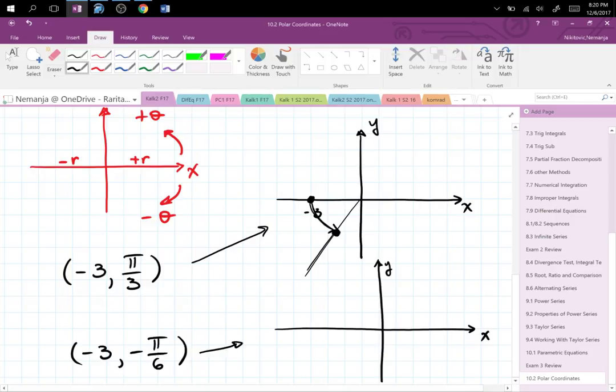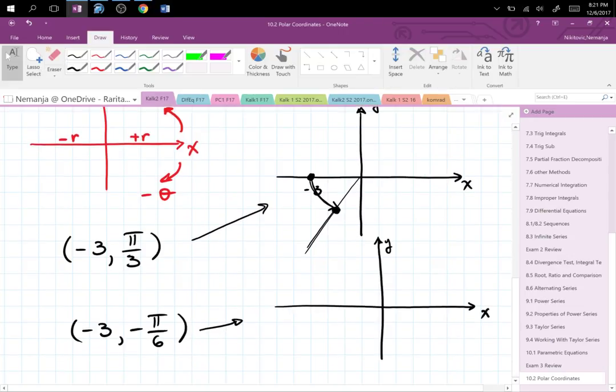Yes, positive angles go this way, no matter where you start. -3 is over here. Are they always going to start on the x-axis? Yes. Okay. And now we go backwards in time for our point.